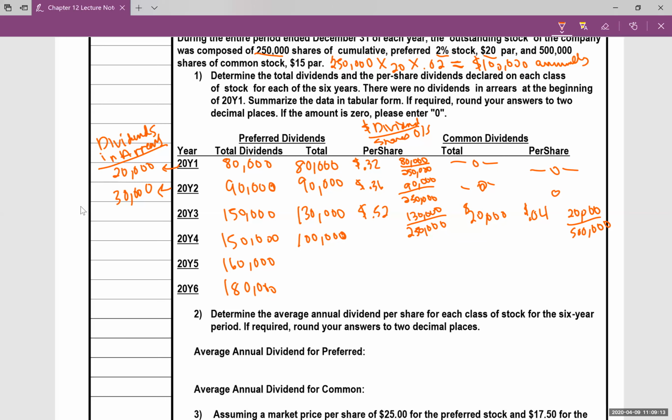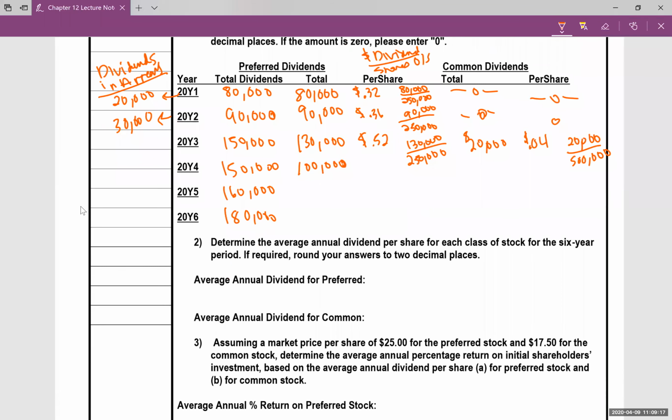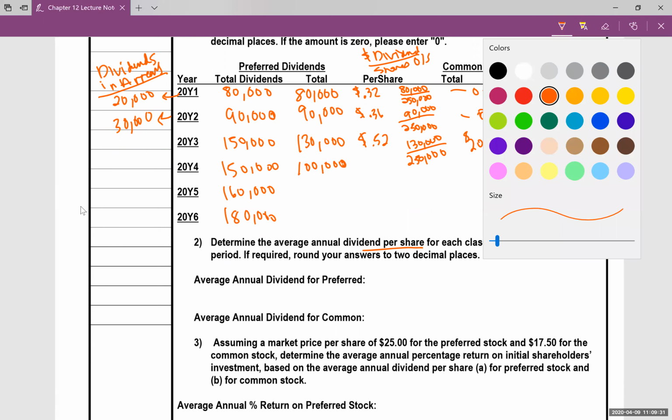All right, number 2 says, determine the average annual dividend per share for each class of stock for the 6-year period. If required, round your answers. So basically on this, there's one piece of information I need to give you.